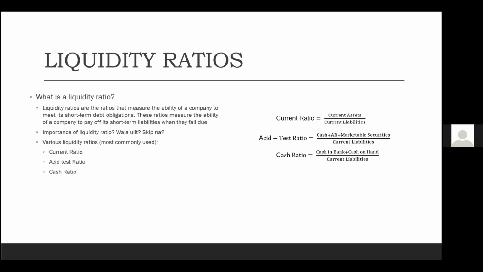The acid test ratio is a stringent version of the current ratio, where we remove inventory and are left with quick assets: cash plus accounts receivable plus marketable securities over current liabilities. The most stringent of them is the cash ratio.